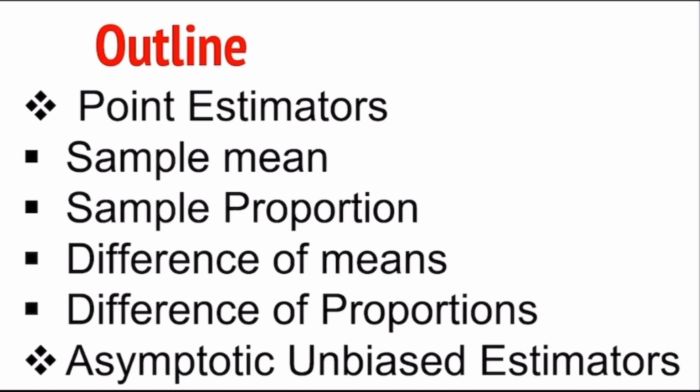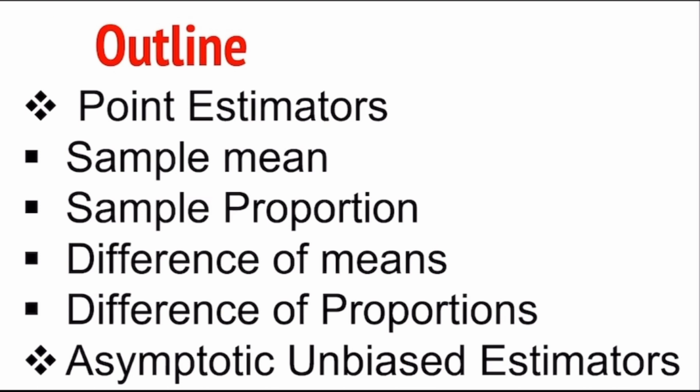And we're going to focus on point because there's no way you're going to get to interval without passing through points. So then I'm going to walk you through some common point estimators like sample mean, sample proportion, the difference of means, difference of proportions.